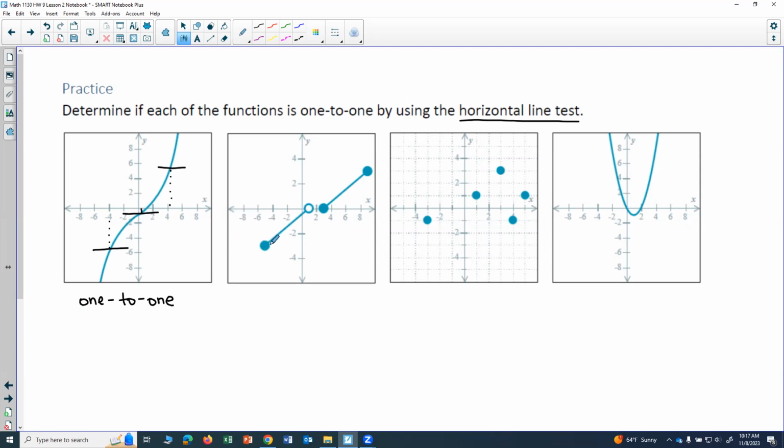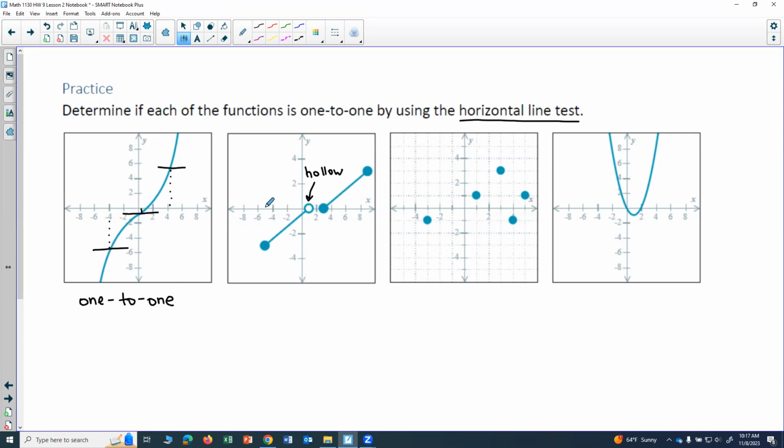So the problem that I see might be right here when y is 0, but because this is a hollow dot, that means that it is not included. That y value is actually not included on the graph, that ordered pair, I should say.